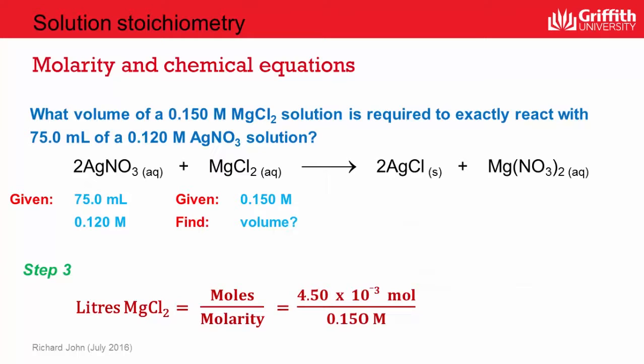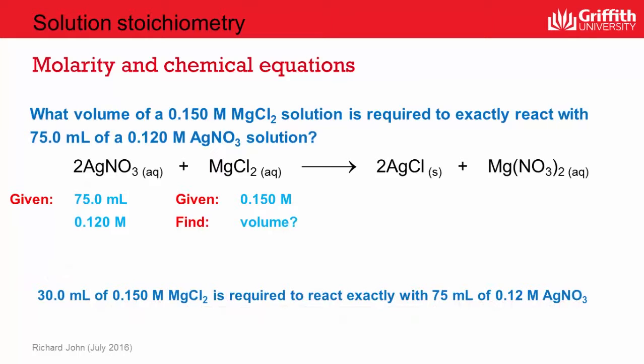So the moles of magnesium chloride, 4.50 by 10 to the minus 3, we calculated just in step 2 a moment ago, and the molarity was given to us in the question, 0.15 molar. When we put that into our calculator, we get 0.0300 litres, and we can convert that to millilitres if required, 30 millilitres of magnesium chloride.